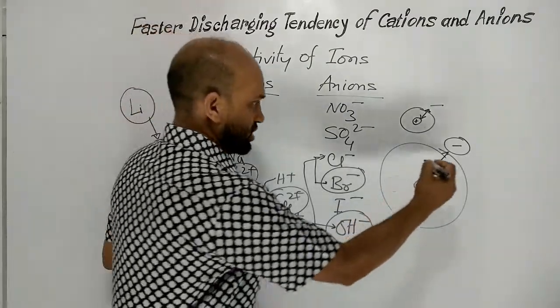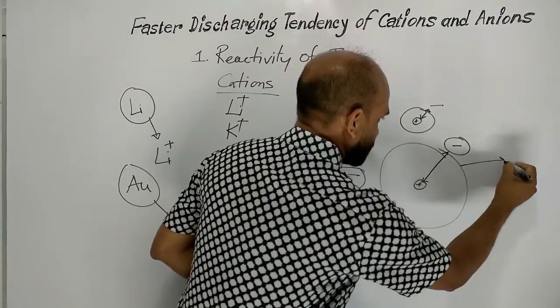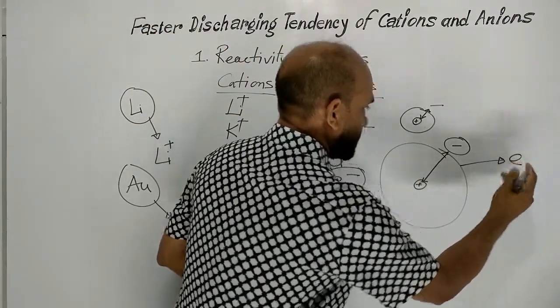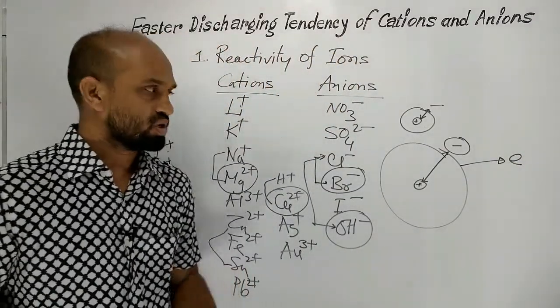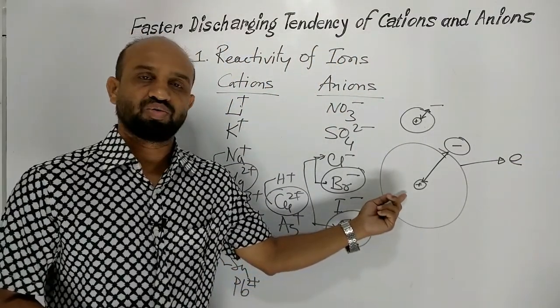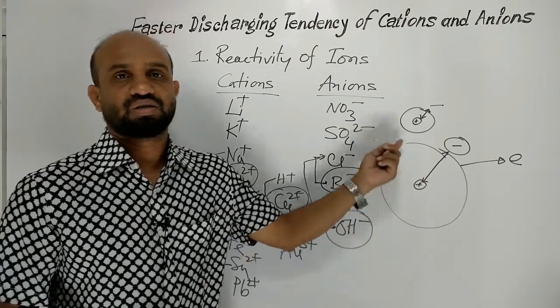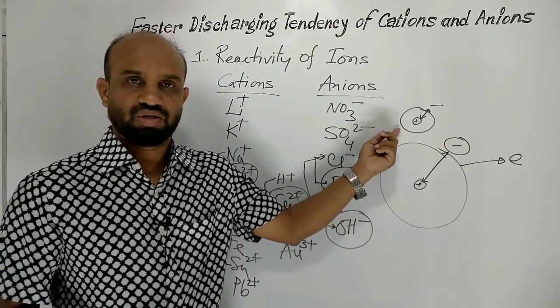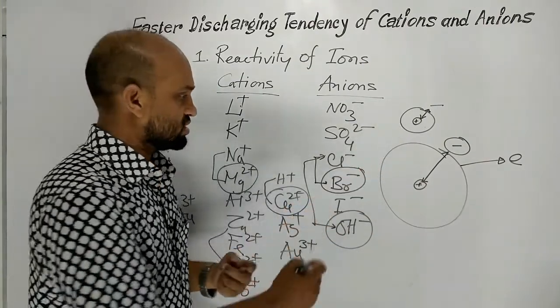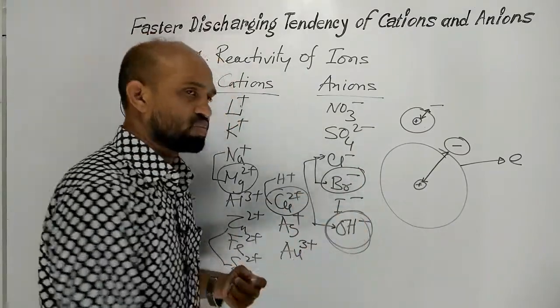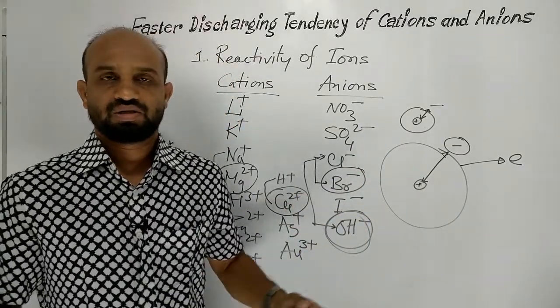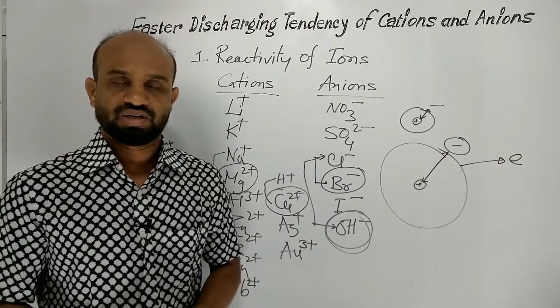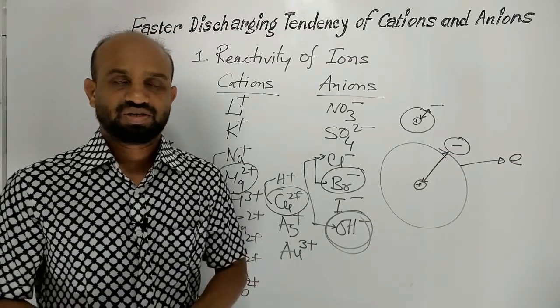That is why iodide ion can donate electron easily, so iodide ion will be oxidized first, then chloride ion. So simply we can say that the lower the position of the anion, that will be oxidized first. Let's see the second factor.